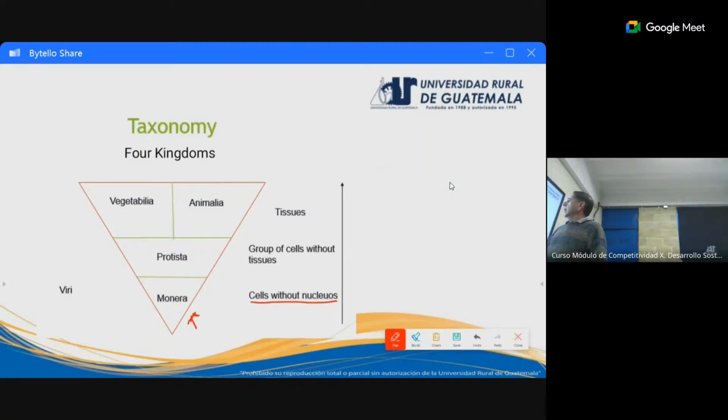Okay. Then we have the protista level, and they are of cells without tissues. They are of cells but without tissues. Okay. And in the upper level, we have 2 kingdoms: the vegetabilia and the animalia, and they are able to have tissues.